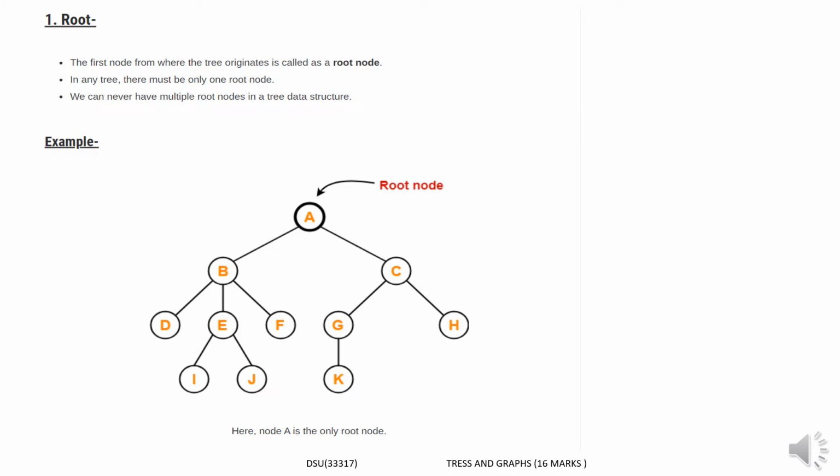In this tree, A is the root node, and as the root node is single, each and every tree contains only one root node.